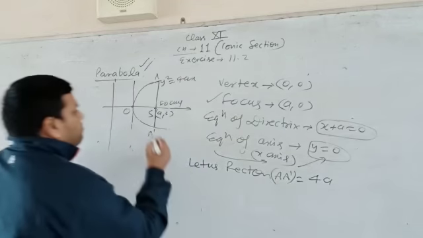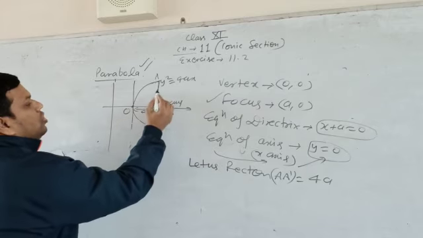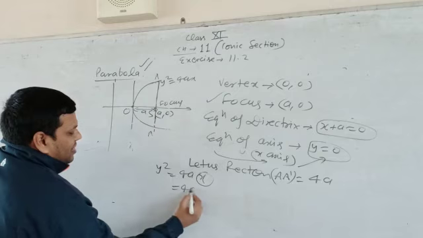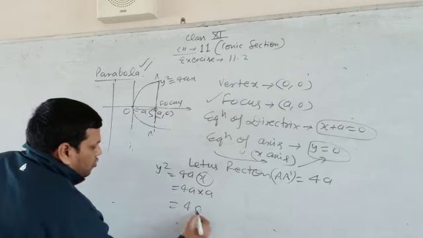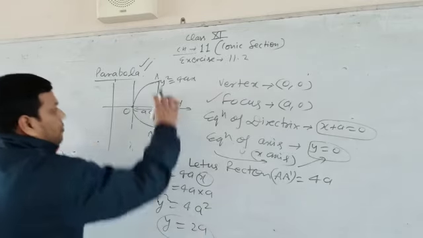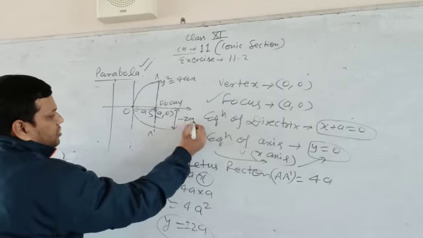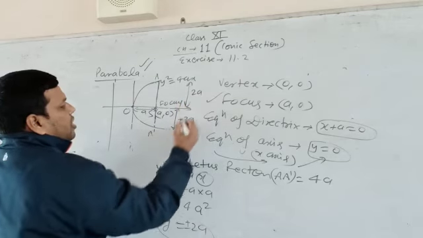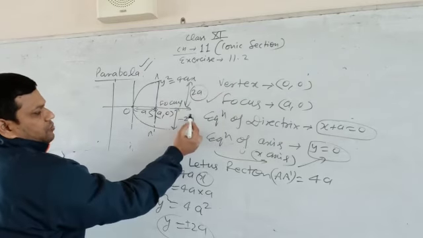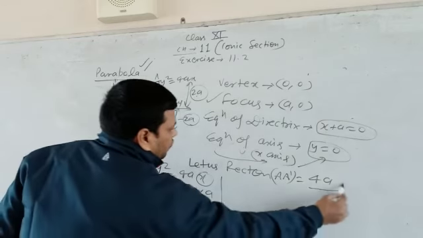Why this 4a? Because you can see there, this is a, so you can put here the value of x as a, it becomes 4a square. So y will be 2a in the upward direction, plus minus 2a, and minus 2a in the downward direction. This is minus 2a, this is plus 2a, but length is always positive, so we count it as positive length. 2a plus 2a, 4a. So I got this 4a, right?